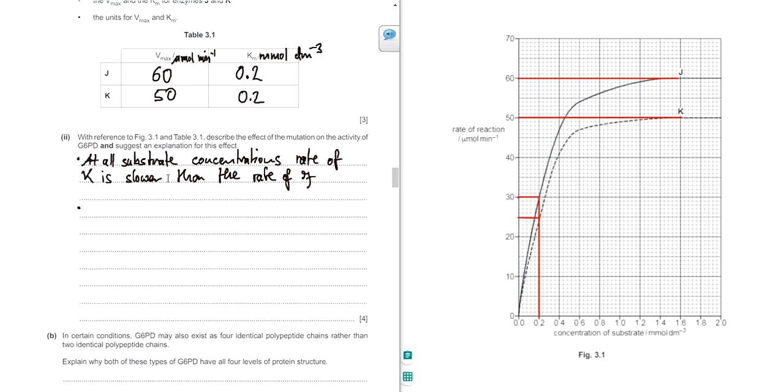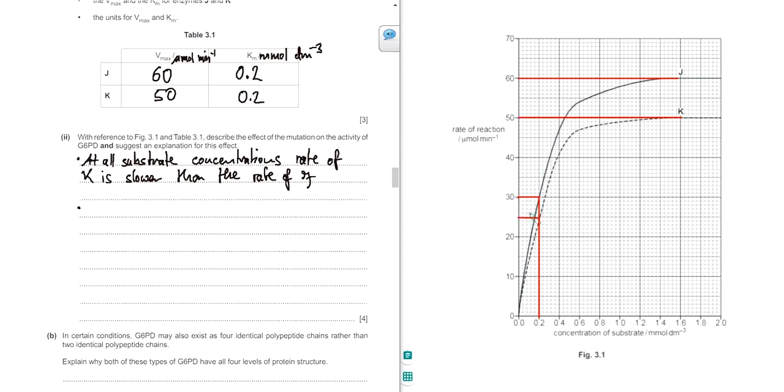What else can we say? We should describe, okay, now we know that K is always slower than J, doesn't matter for which substrate concentration. What else is an important difference here? We can see that the rates diverge further. So we can see at a substrate concentration of 0.2, K has a rate of 25 micromole per minute, and J has a rate of 30 micromole per minute.